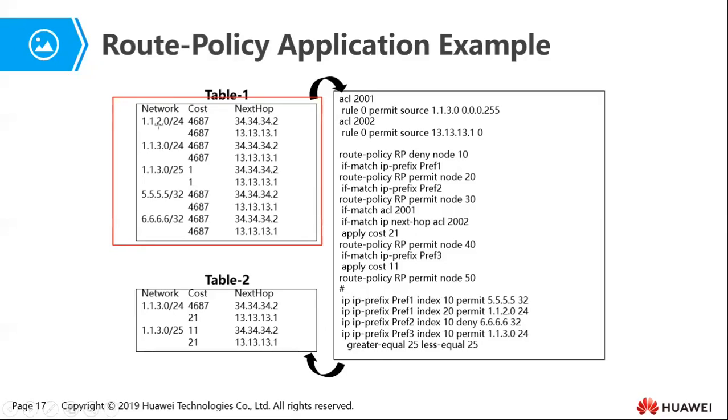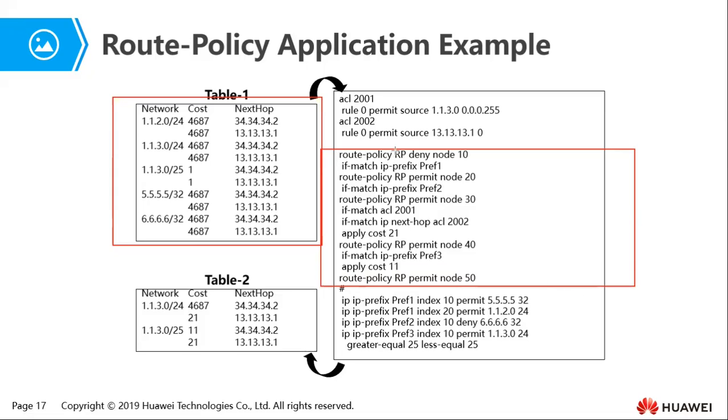So for example, to go to this network from this router, you can either go through 34.2 or 13.1. So you can use either. We have two equal cost paths. So both of them have been entered into the routing table. So how can we modify this so that we can control our traffic flow, the next hop, the cost, and so on and so forth?